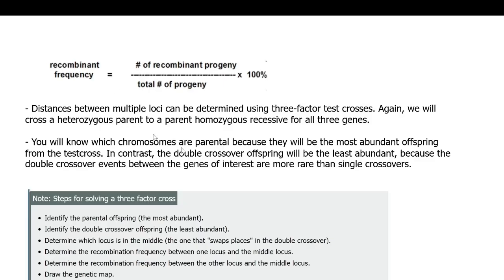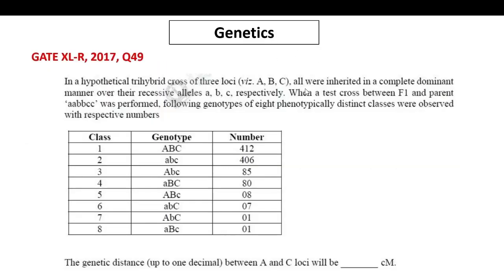Here we are coming across a double crossover concept. Because there are three factors, there is a possibility that there can be a double crossover along with the single crossover, just like this. If you see here, there is a double crossover, that's why the middle allele is totally interchanged.